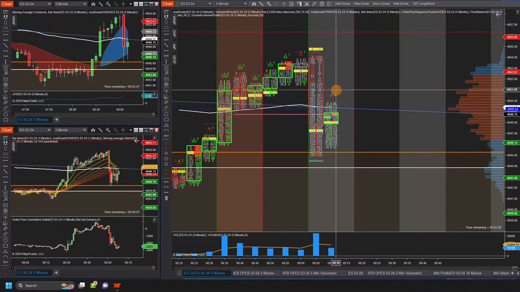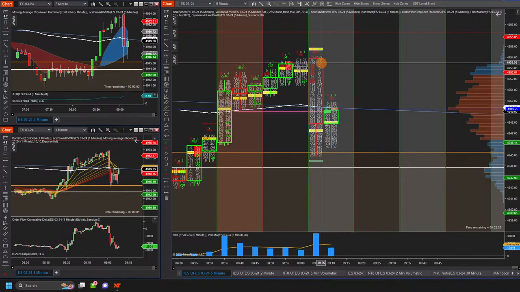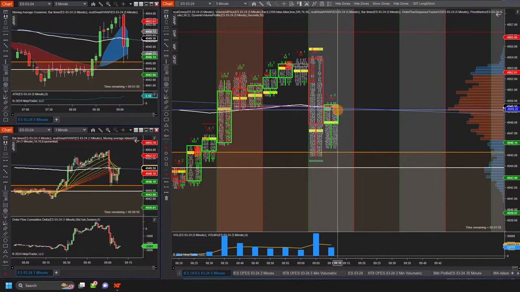We got heavy sellers on a green bar. So 2600. Down to 2590. There we go. Sellers are trying to push this thing down below VWAP.